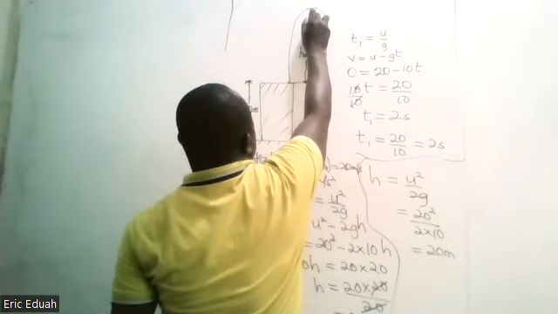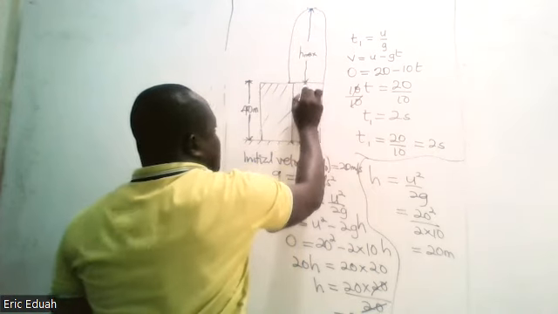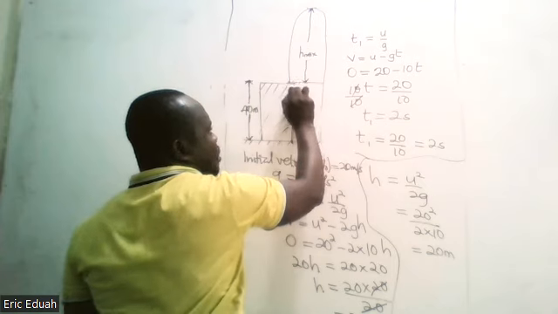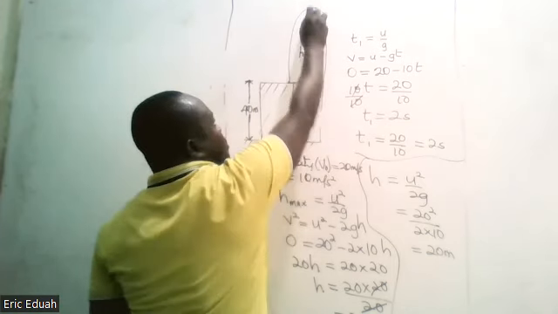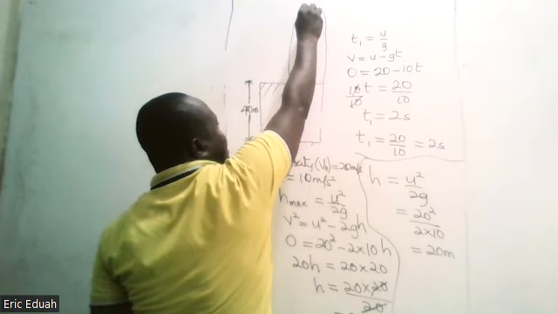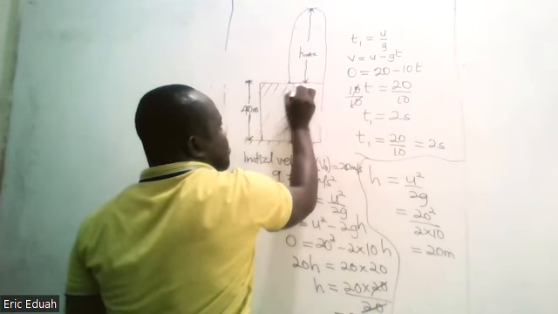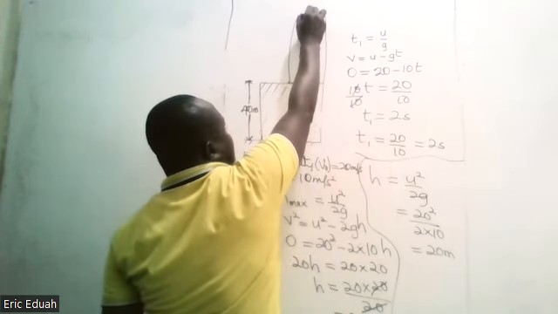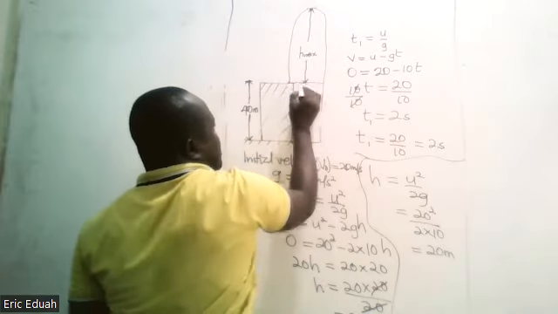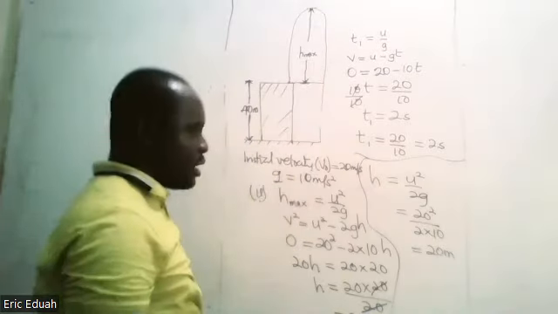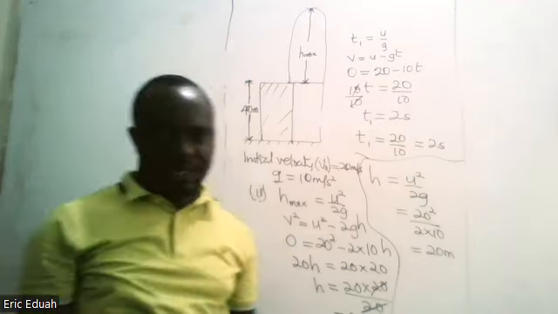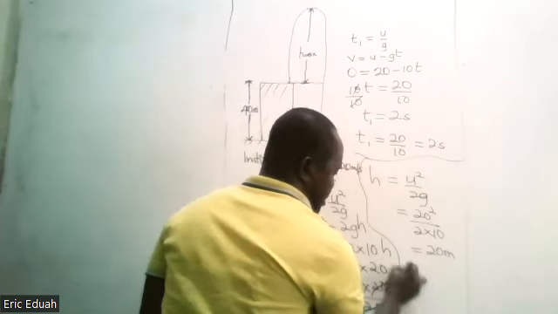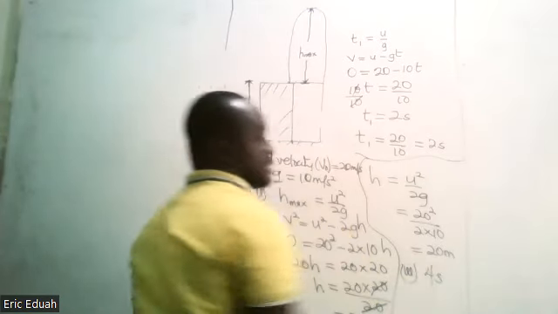It will take the same time taken by the body to move from the point of throw to the maximum height and then return from the maximum height to that same point. So if it took 2 seconds to move from here to here, it will also take the same seconds to get to this level. So C would be 4 seconds.